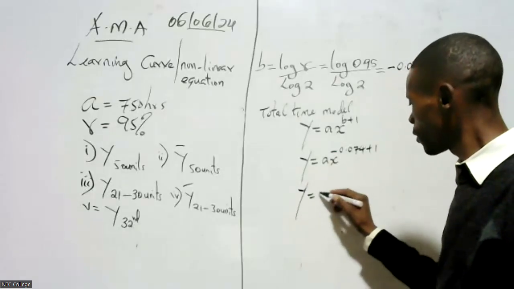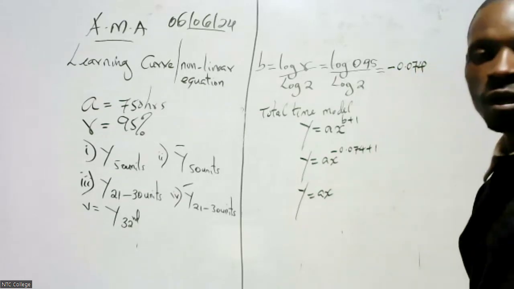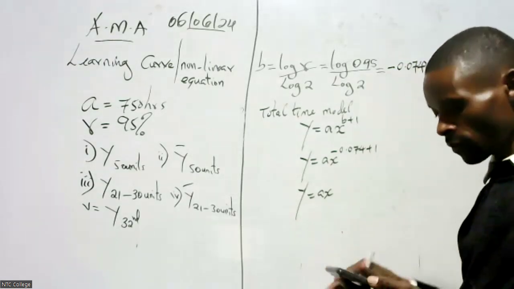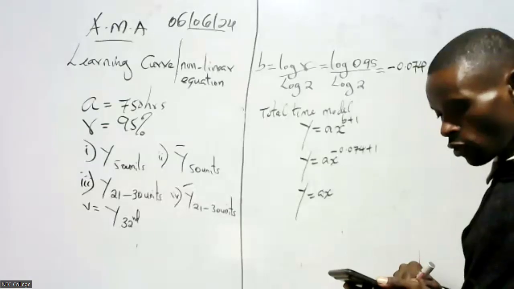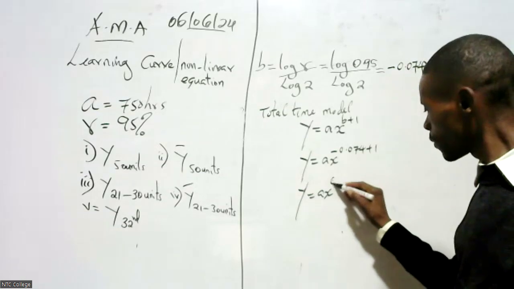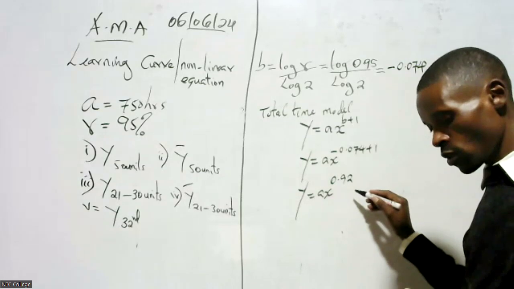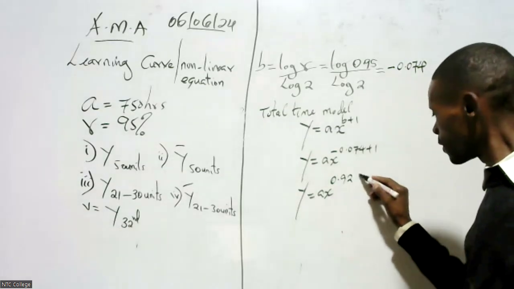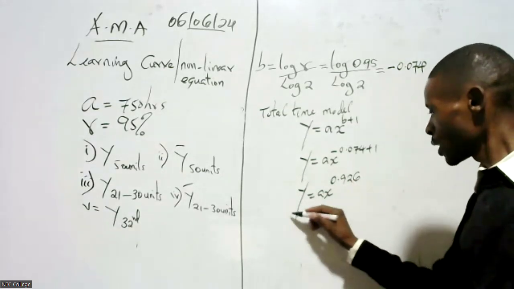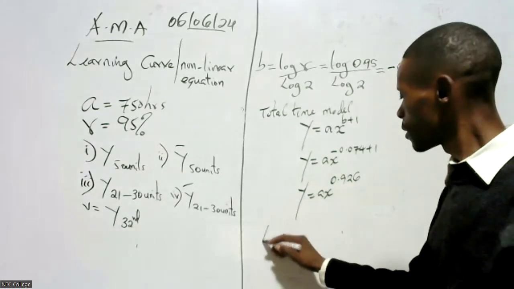What is the power? Add 1 to that negative 0.074. Converting into the total time model, we raise to 0.92599, can even be 6. That is the total time model. What about average?